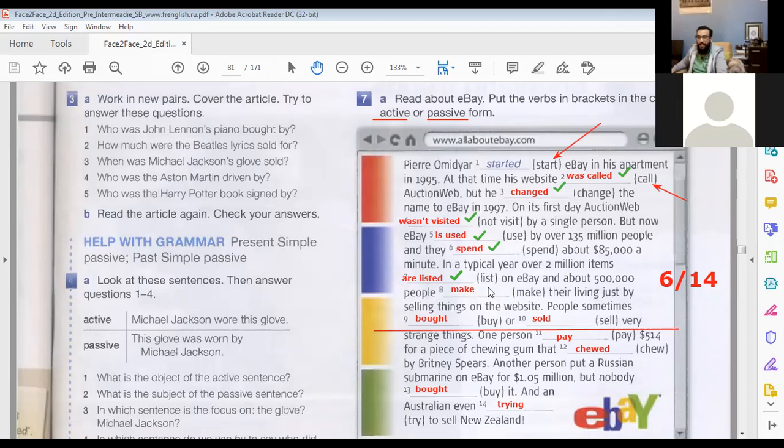Make صح. It's correct. لأن احنا بنقولوا أن الناس يشتغلوا صح؟ These 2 million, these 500,000 people make their living.